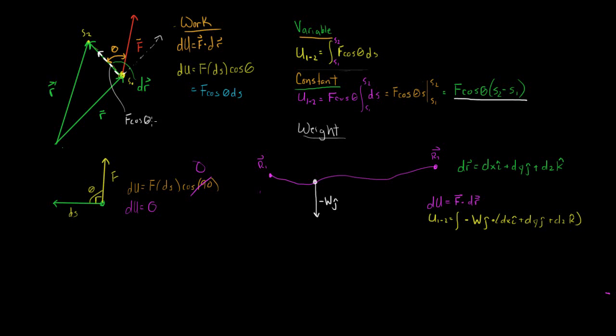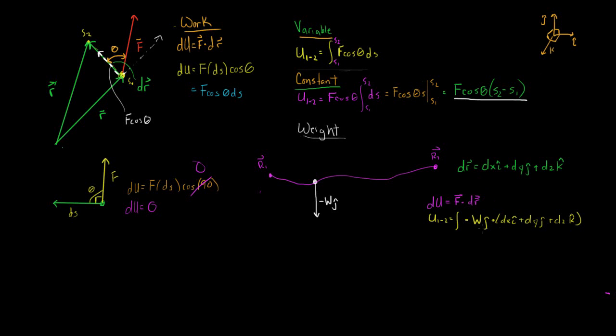And here's where some of the simplification comes in. A j dot an i vector is going to be 0 because these vectors are perpendicular to each other. We have an i vector right here, we have a j vector right here, and we can even add in the k vector. And we know that in this coordinate system, they're all perpendicular to each other. So the cosine of the angle between them is 90.